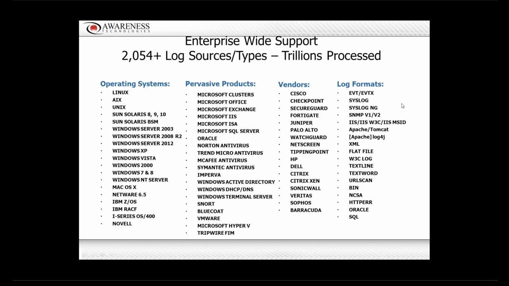Whether it's a flat file or it's appearing in Windows 2003 or 2008 or 2012 format, whether it's showing up as syslog classical or via TCP, whether it's SNMP, or it's coming out of IIS, or it's XML, or it's inside a database like Oracle or SQL, all of these things can be processed and managed and handled by this product.